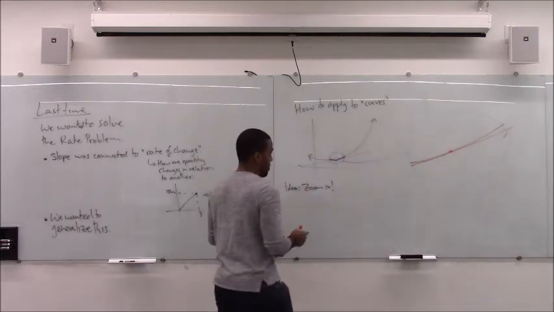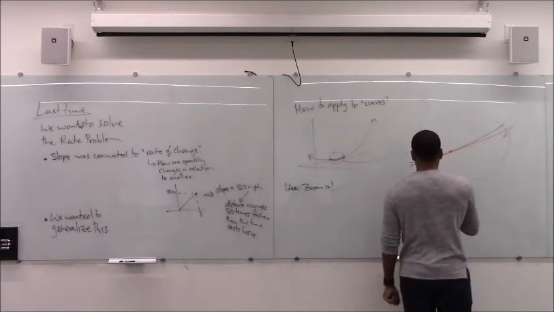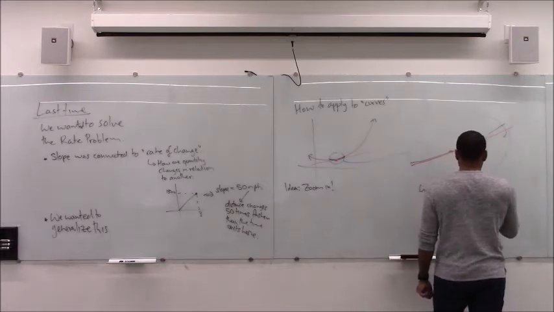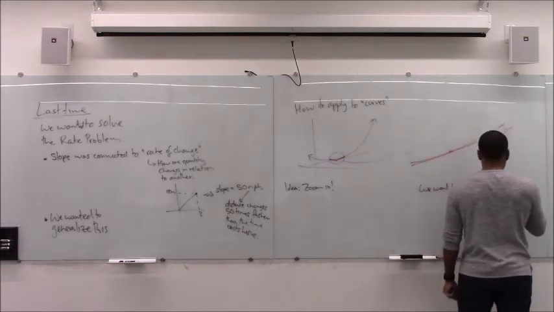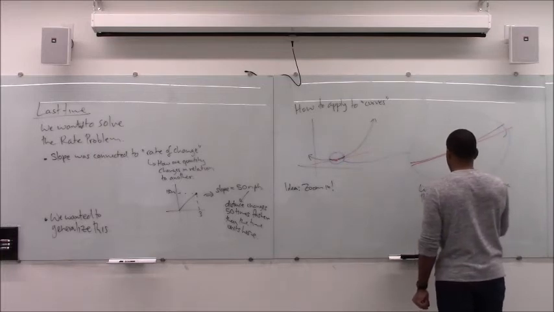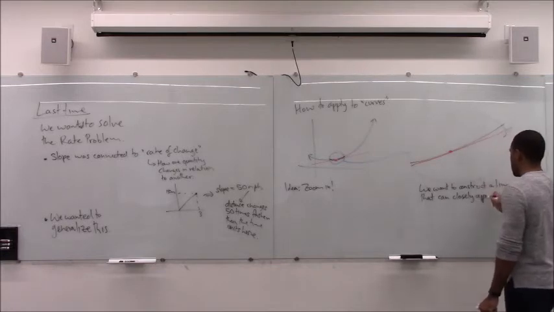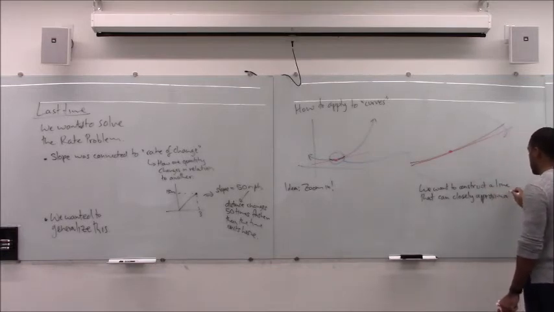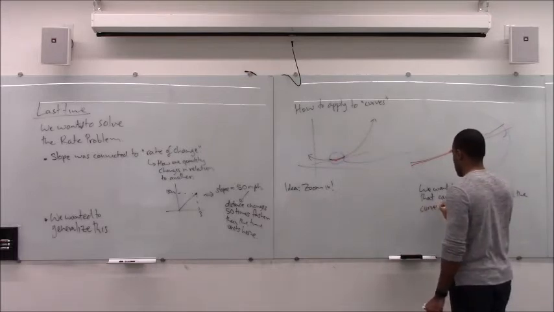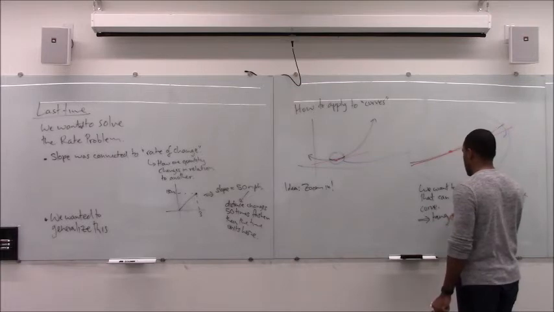So we want to construct a line that can closely approximate the curve, and this is what's called a tangent line.